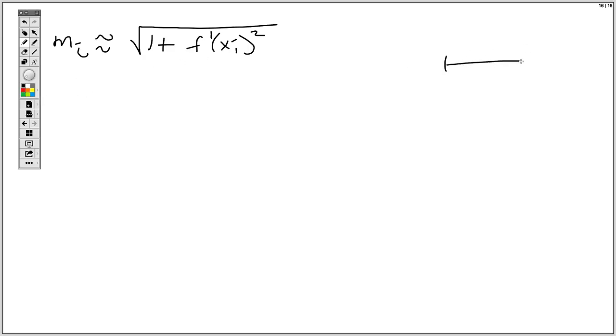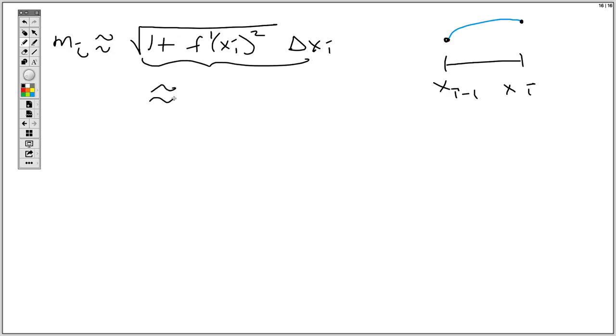So once again, let's make sure we sketch this out and understand what we're looking at here. That's roughly going to be this. So this is our approximation for our arc length change. And then we'll approximate the density here as we did before.